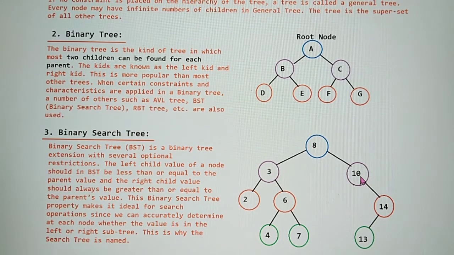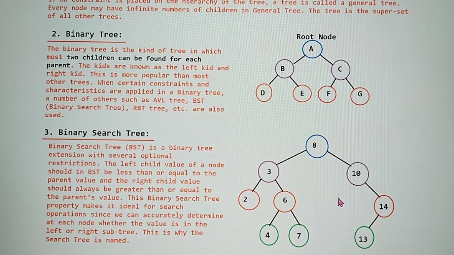Now 3 and 10 are parent nodes. Here it is 2 and 6: 2 is less than the parent node, and 6 is greater than the parent node. As usual, 4 and 7, where 6 is the parent node.